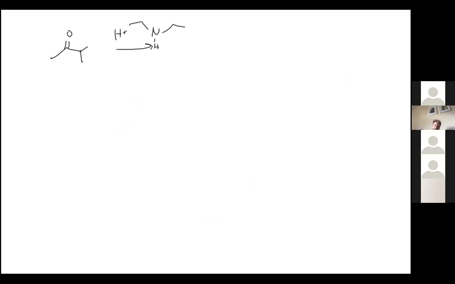First step's going to be the same. Picking up a proton here.